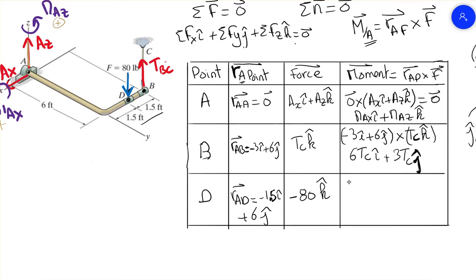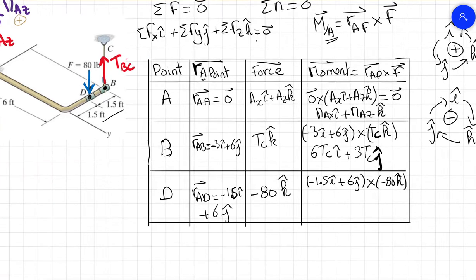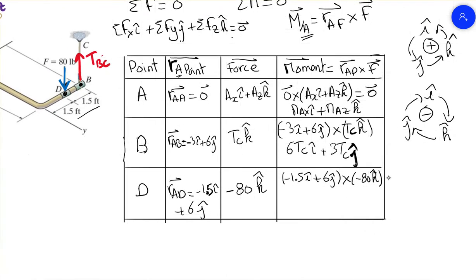So the moment there is (-1.5i hat + 6j hat) cross minus 80 k hat. Okay, so let's do this. i cross k is minus j, so again minus 80 times 1.5 on j hat.